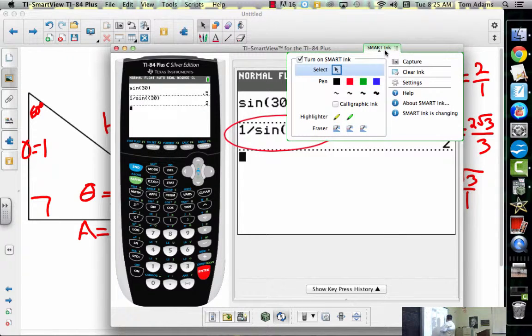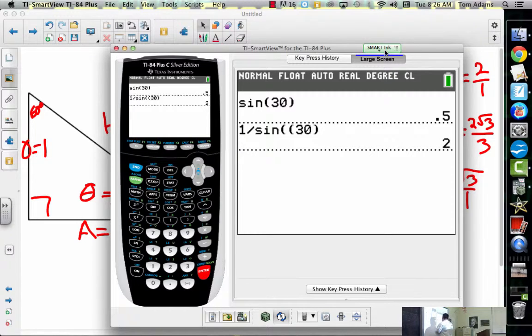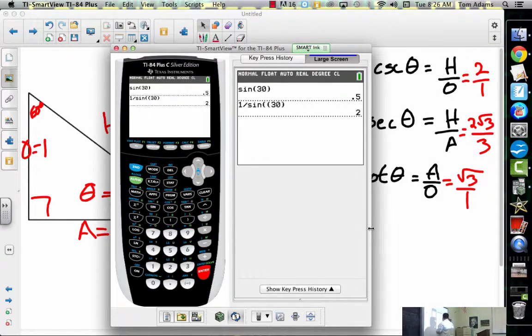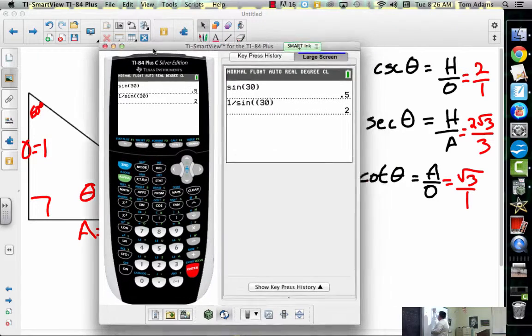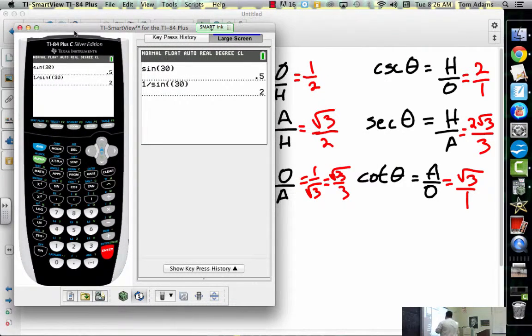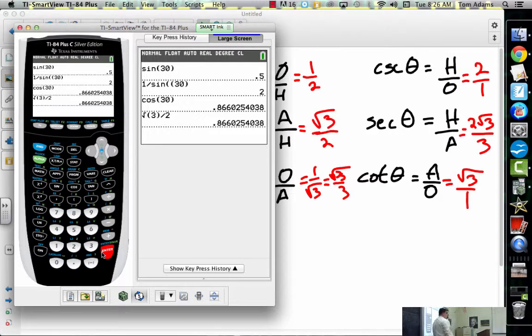So then let's keep playing around with this and see what we can come up with. I'm going to slide this over just a little bit so we can see things a little better. We said that cosine of 30 degrees is root 3 over 2. And that's true because if I take the square root of 3 and divide it by 2, you get the same decimal.